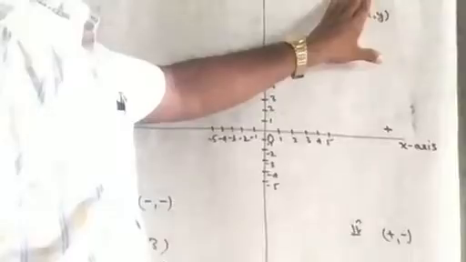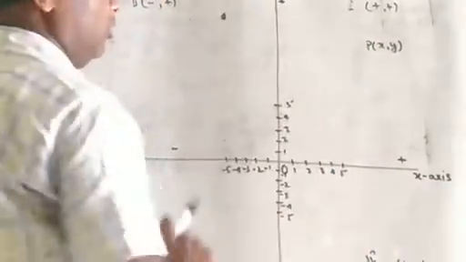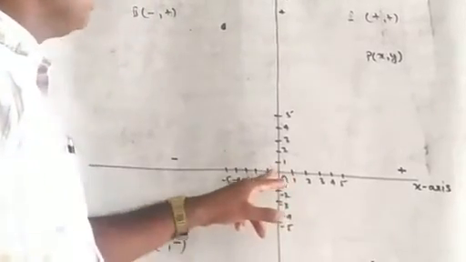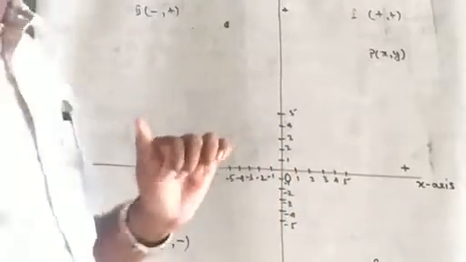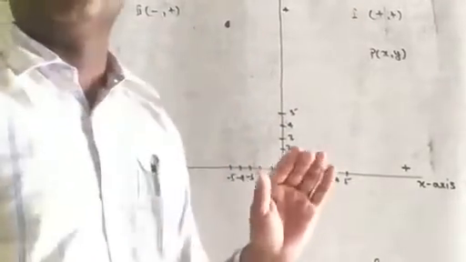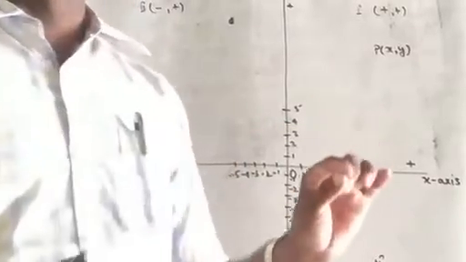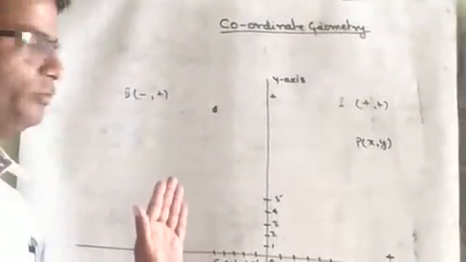In the first quadrant, all of you see here the x-axis value and y-axis value. One more thing I want to say here. The x-axis value is known as the abscissa value and the y-axis value is known as the ordinate value. Clear all of you?